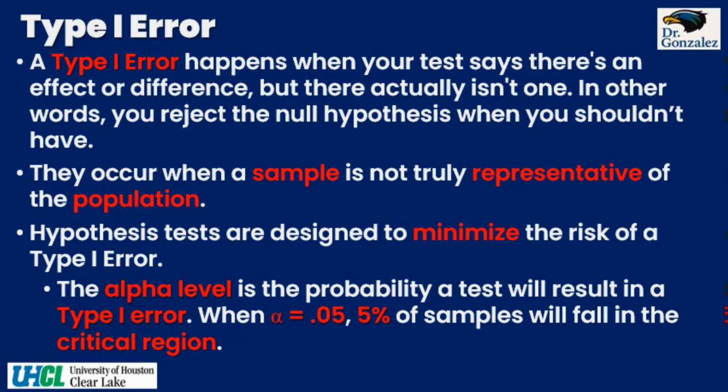And the number one reason that this happens is that your sample is not truly representative of the population. Our hypothesis tests are designed to minimize the risk of that type 1 error. So that's why we set that alpha level at an extreme end, because the alpha level is the probability that the test is going to give you a type 1 error.